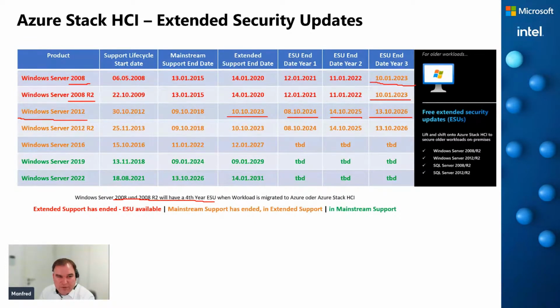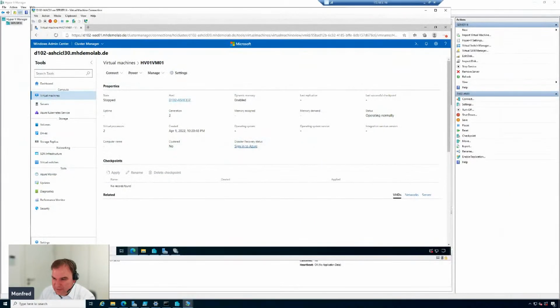And for sure, we will also receive the extended security updates for 2012, 2012 R2, and so on. For 2016, we will have the announcement in the future about these dates, but typically this will be 3 years here. It's important to enable the Azure benefits to receive these extended security updates.